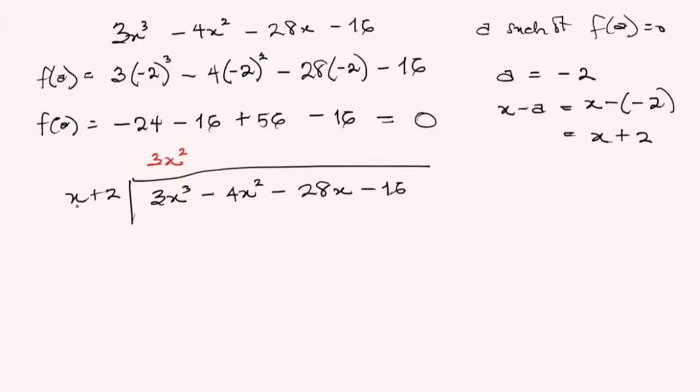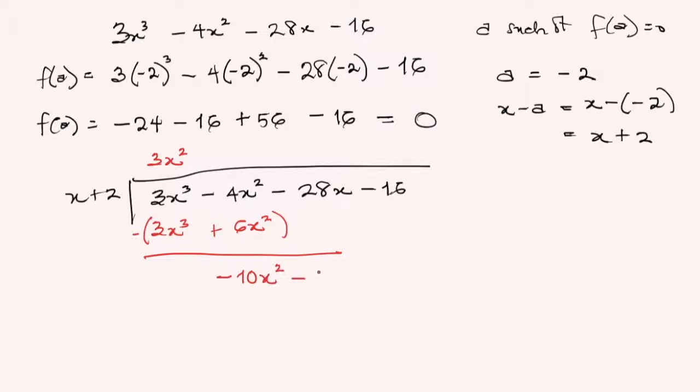So 3x squared multiplied by x is equal to 3x cubed. And 3x squared multiplied by 2 is equal to plus 6x squared. So if you subtract everything here, 3x cubed minus 3x cubed cancels out. And minus times plus is equal to minus. So minus 4x squared minus 6x squared is equal to minus 10x squared.